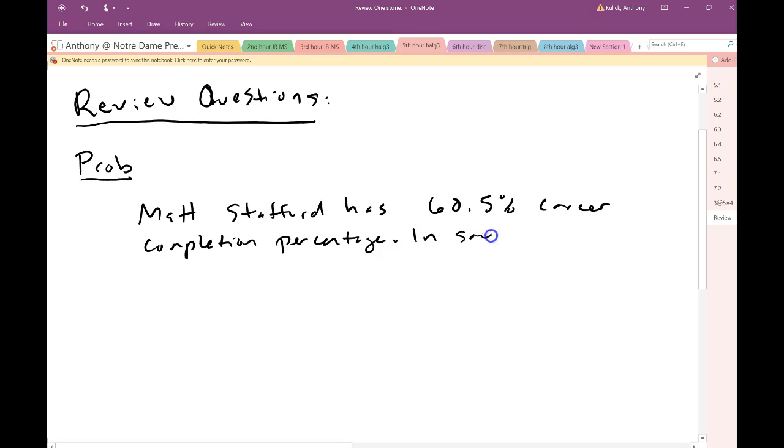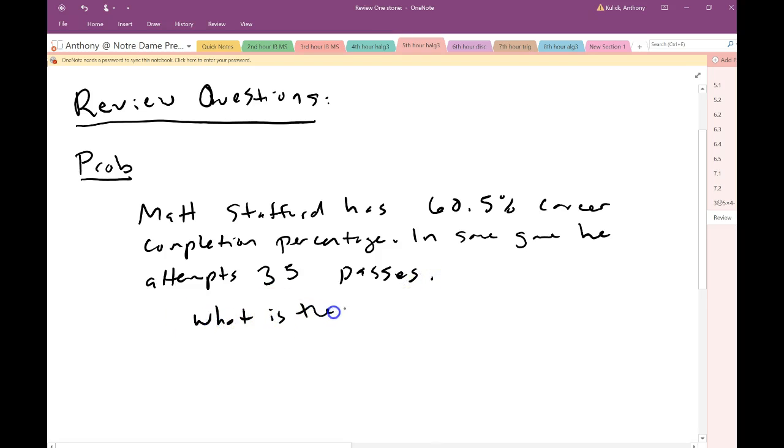In some game, he attempts 35 passes. What is the probability he completes exactly 22 of them?